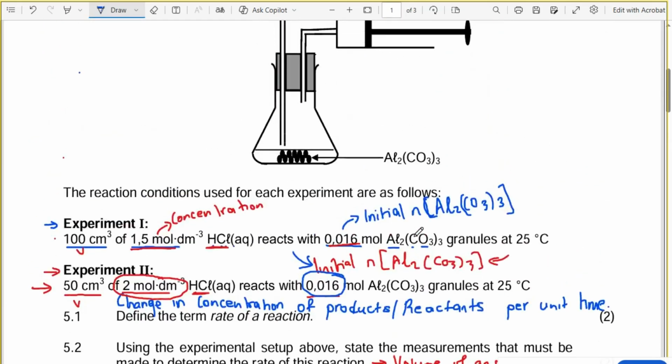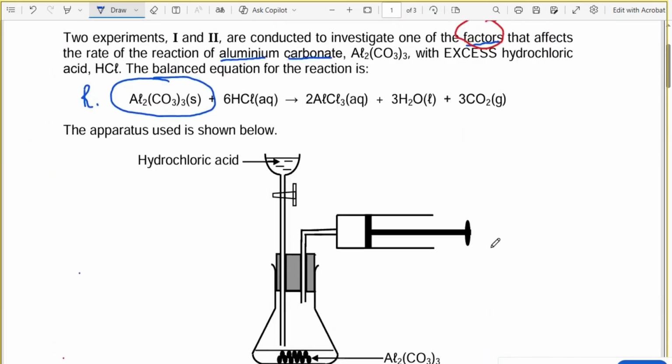So let's say that you tell the examiner that I'll use this carbon dioxide as my reference. You understand?